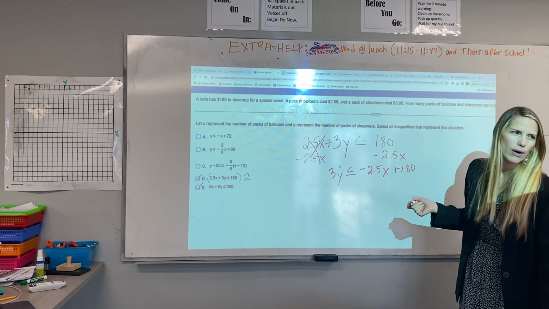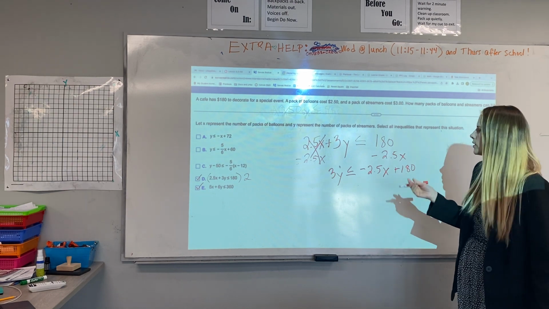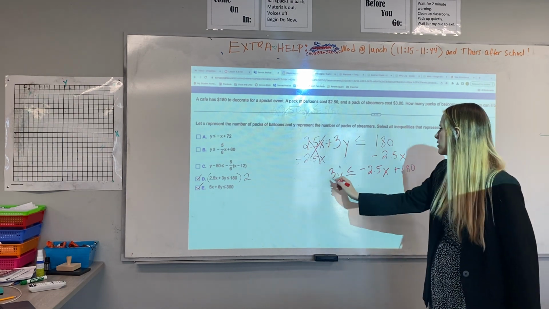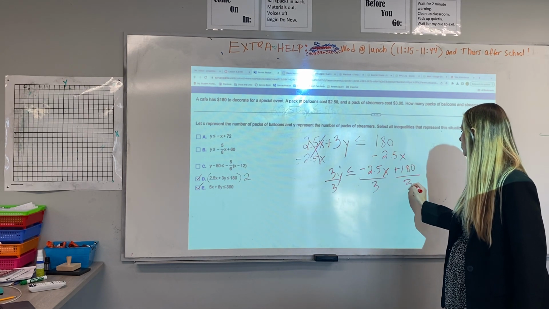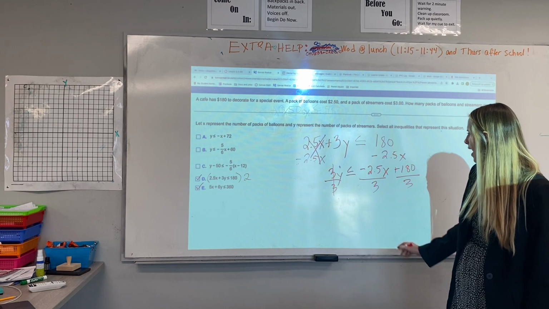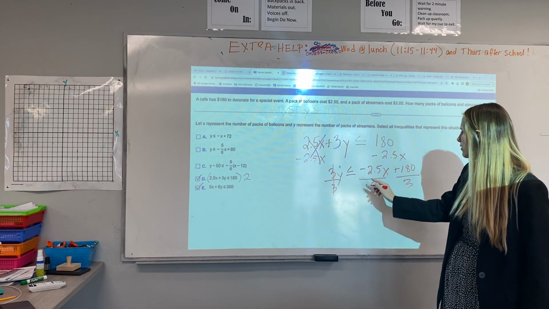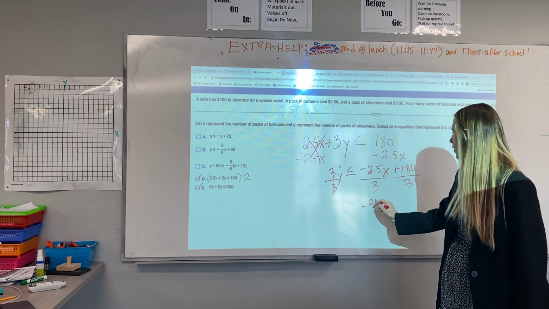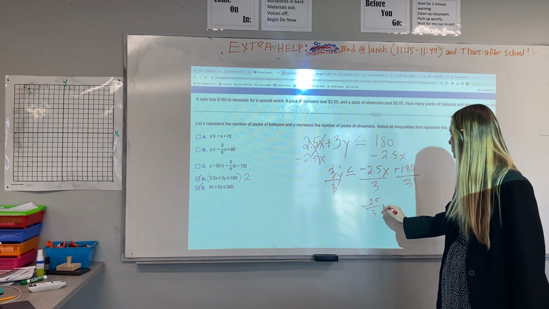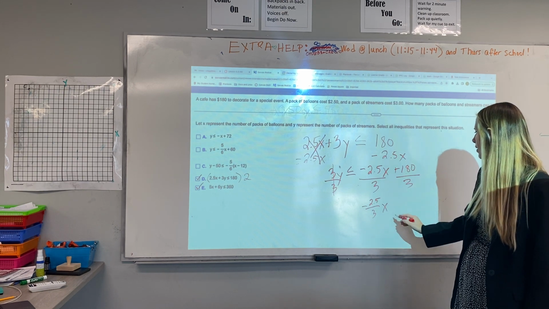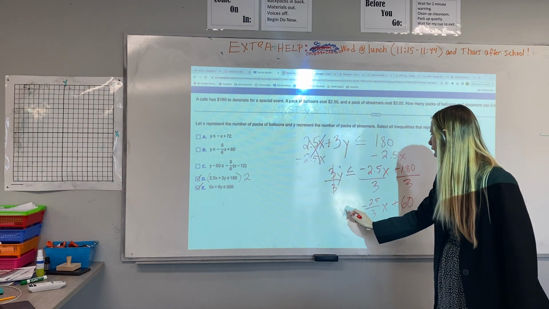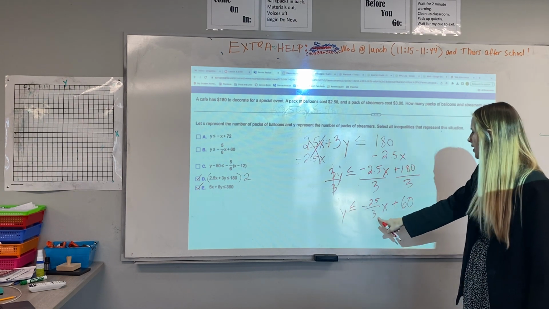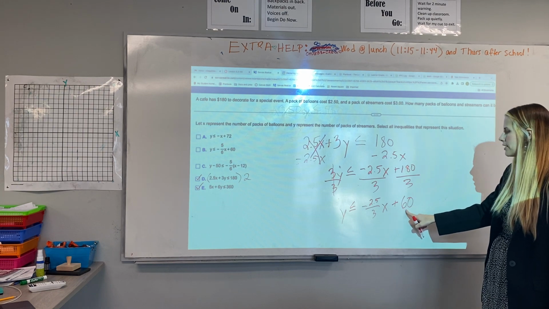Then we need to divide by 3 on both sides, all terms on both sides, and we have a negative 2.5 over 3 times x, and then 180 divided by 3 is 60. So we have y is less than or equal to this slope and this y-intercept.